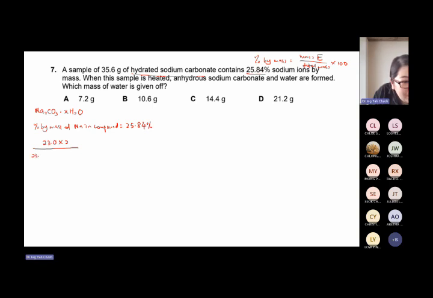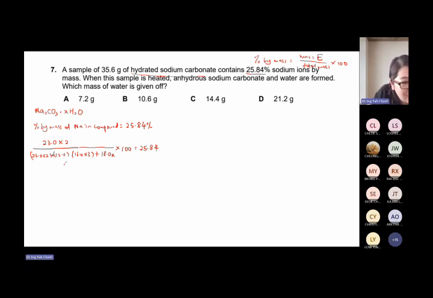So 23 times 2, carbon is 12, oxygen is 16, 16 times 3, plus water is 2 plus 16, so 18x, times 100%, I get 25.84. So from here, I'll be able to find x.